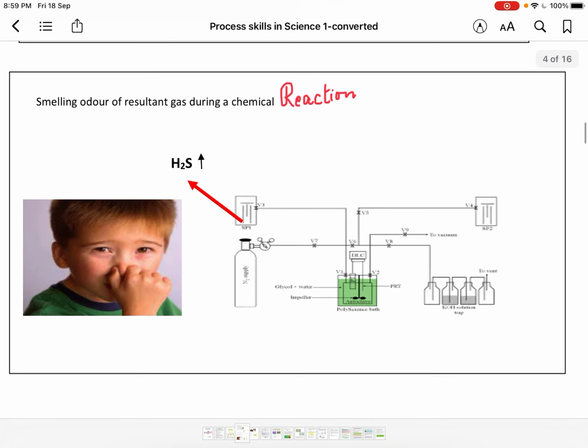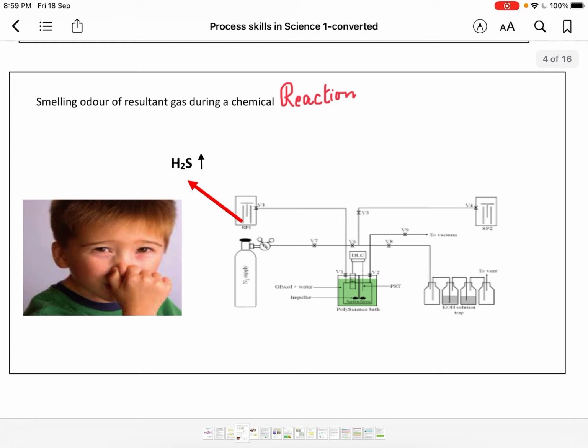Then sometimes we gather information by using another sense organ, that is the nose, for smell. Suppose in the laboratory hydrogen sulfide gas is produced, and you know the odor of hydrogen sulfide is not palatable.